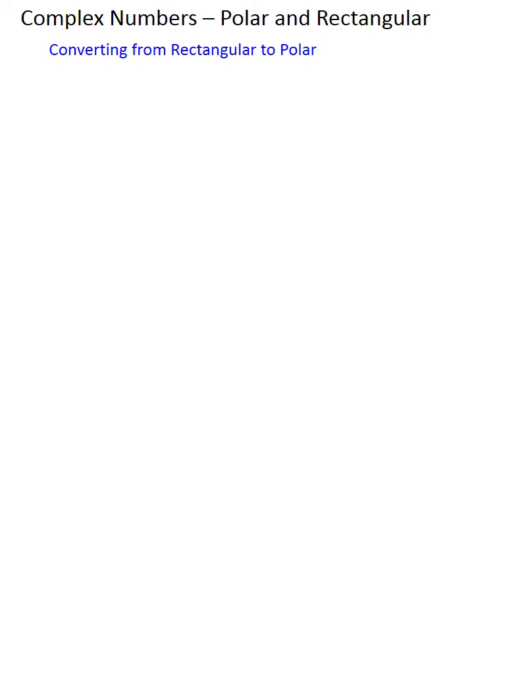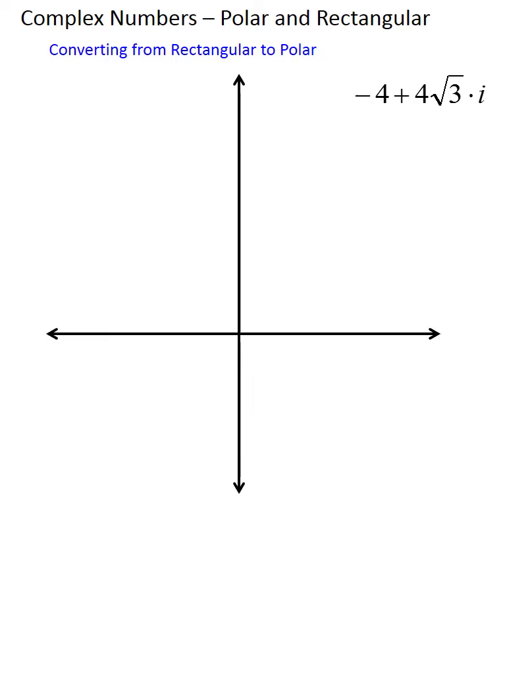One skill that's important is being able to convert between rectangular and polar. So let's look at an example where we have a complex number in rectangular form. And if we're going to convert that to polar, we need to find it on a graph.